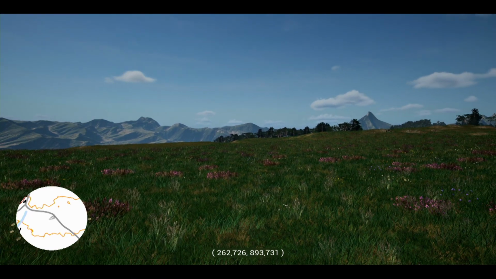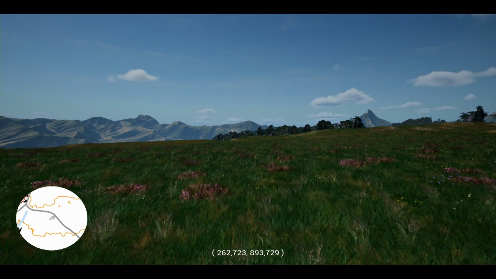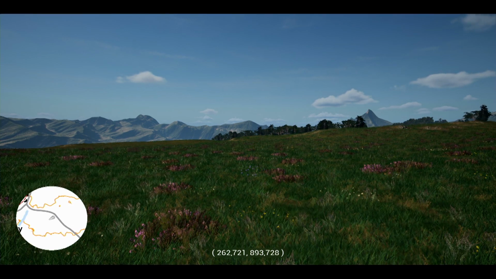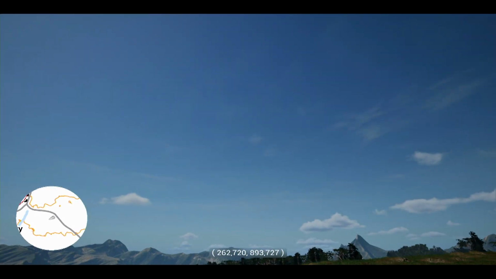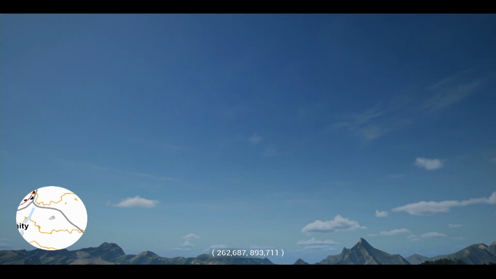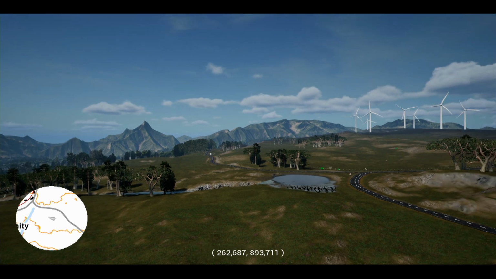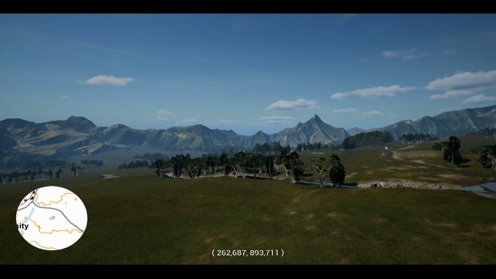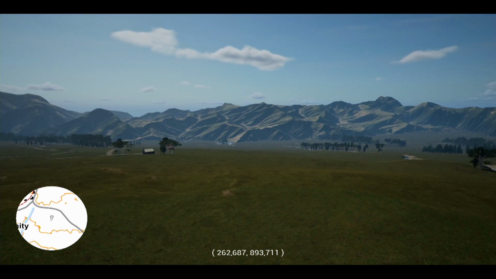So as you can see, you can move around, it's normal gaming keys that we use, and we can go aerial too. If we go up, then we can have a good look around. We've put roads in, we've got signposts to show people around, and it's looking really nice.